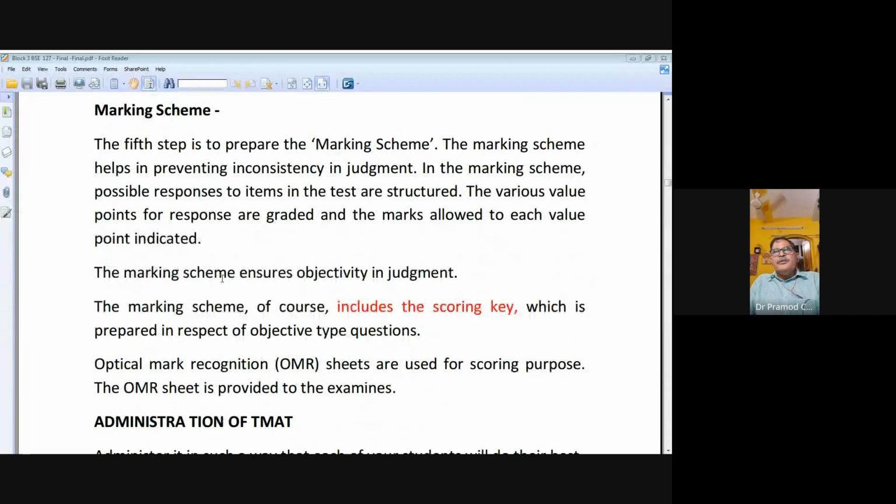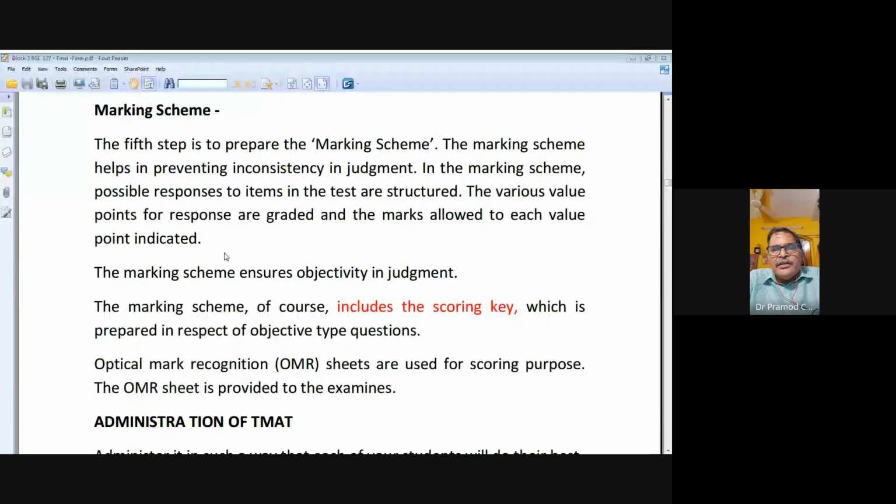But when you are giving the marks, when we are conducting a standardized objective type test, then definitely we will have to get a scoring key, and you have to give the OMR sheet. OMR, you know, is optical mark recognition.